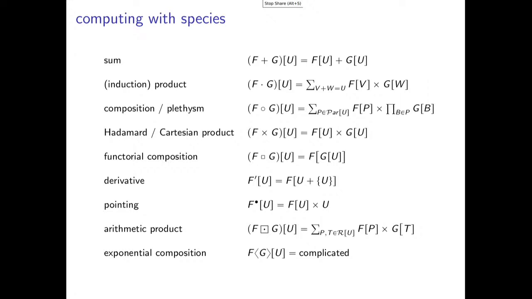A different way to do this picture is you draw the labels on a straight line, and the V selects some of these labels, and the W takes the other ones.